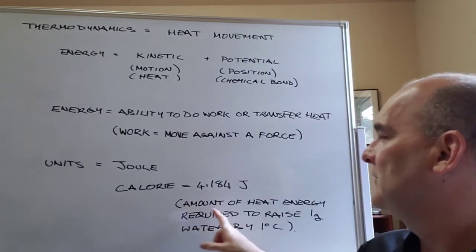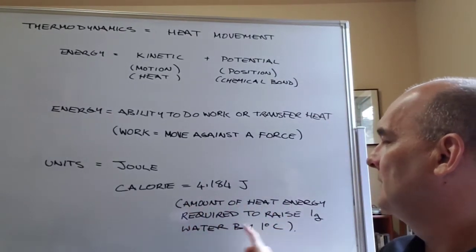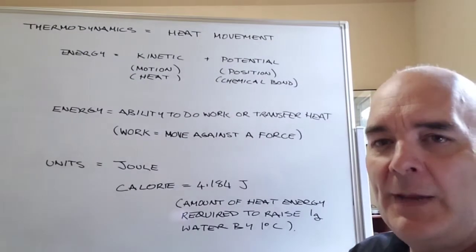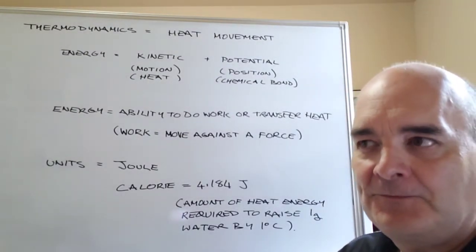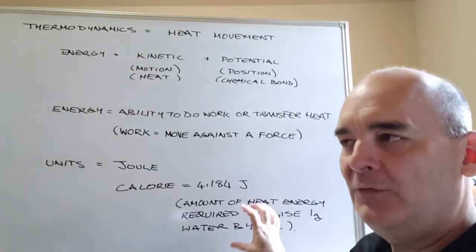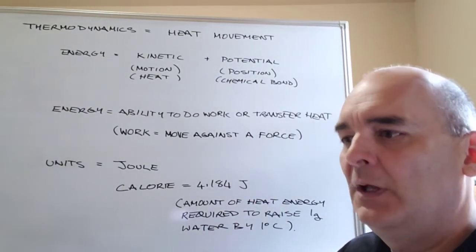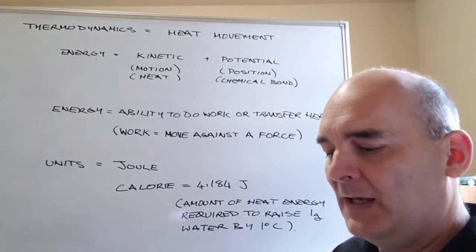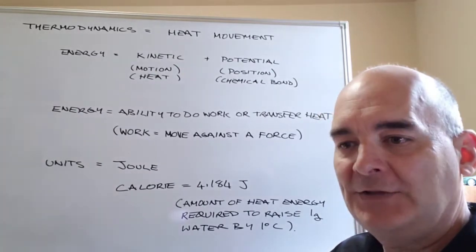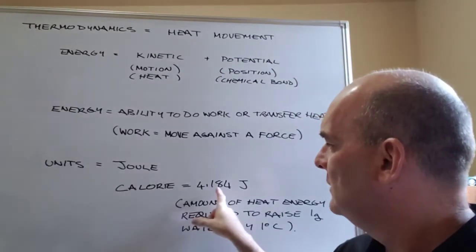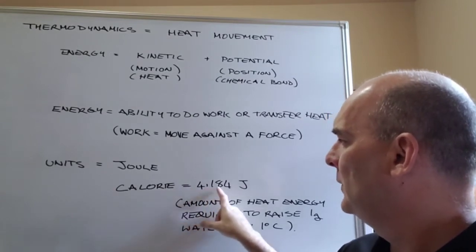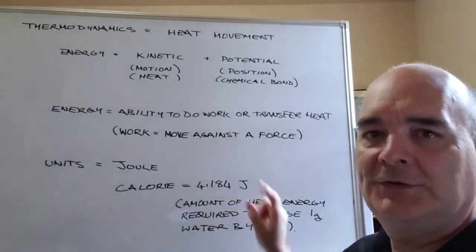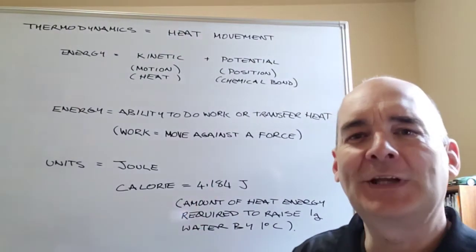A calorie is the amount of heat required to raise 1 gram of water by 1 degree Celsius. That's a very, very tight definition, which allows for easy experimentation. And there is a conversion factor that a calorie is 4.184 joules. That number's going to come back later on.